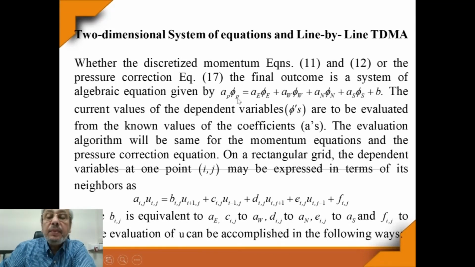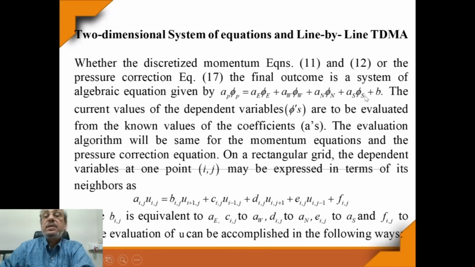So phi P, that means Uij or Vij or Pij, with its coefficient. This is eastern neighbor, that means Ui plus 1j and its coefficient. Western neighbor, Ui minus 1j and its coefficient. Northern neighbor, Uij plus 1 and its coefficient. Southern neighbor, Uij minus 1 and its coefficient, plus b.